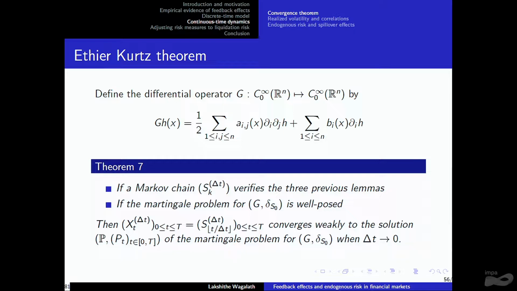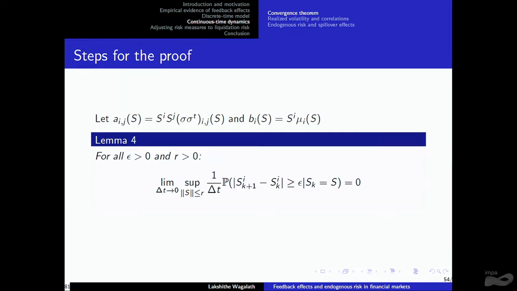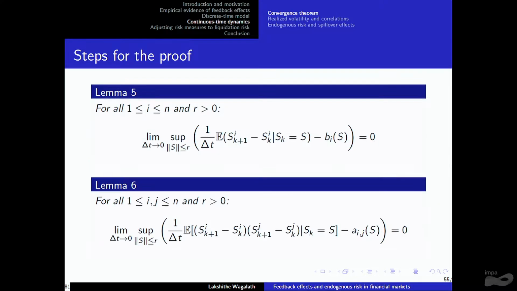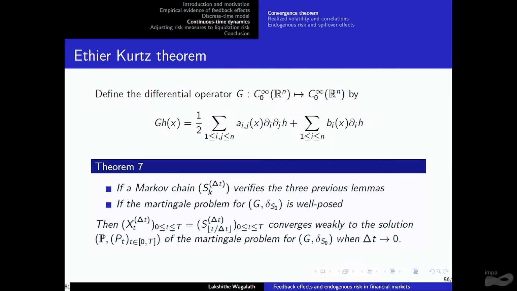So it seems maybe technical, but it's not that technical. You start with your discrete time dynamics. You verify a few lemmas: one on the jumps, another one on the drift, another one on the volatility, or covariance. And then you verify that the limiting diffusion that you are looking at, with a certain drift and a certain covariance that you already found, is well posed, right?